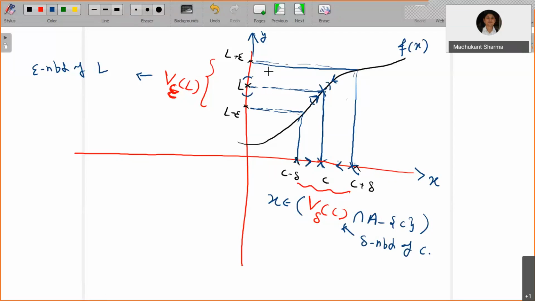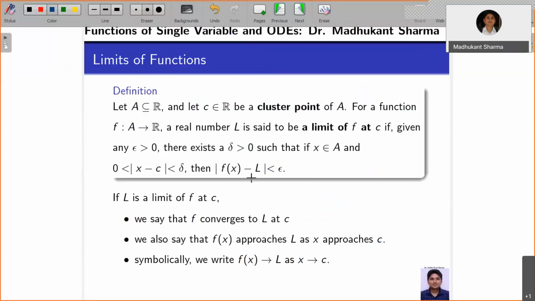Okay, right. Once you have confirmed that the limit as x tends to c of f of x exists and is equal to L, then we say that f converges to L at c. In terms of notation, we write f tends to L as x tends to c.